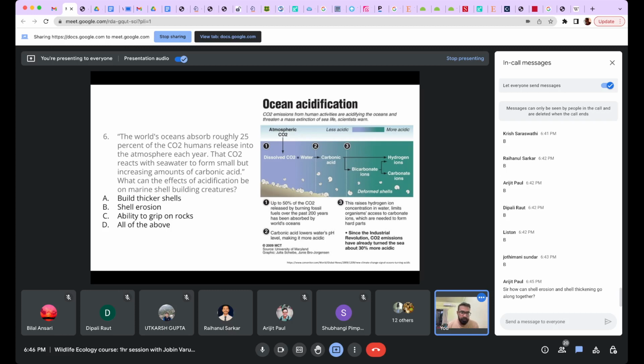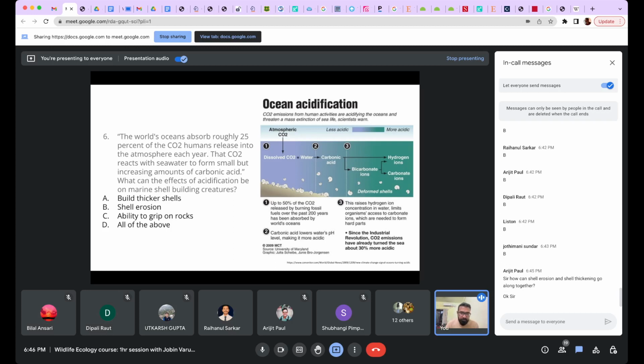So we are talking about different species over here. There's not just one species, and they all have different kinds of reaction to the acidity of the seawater.